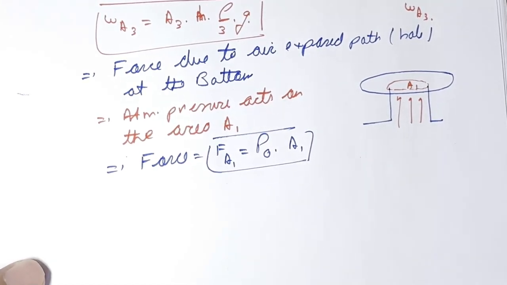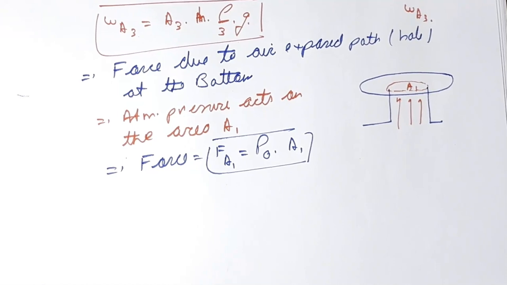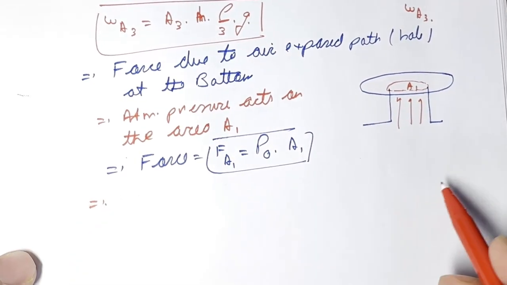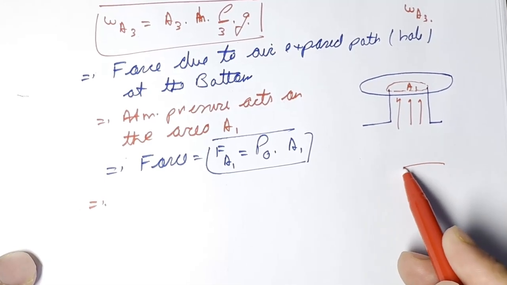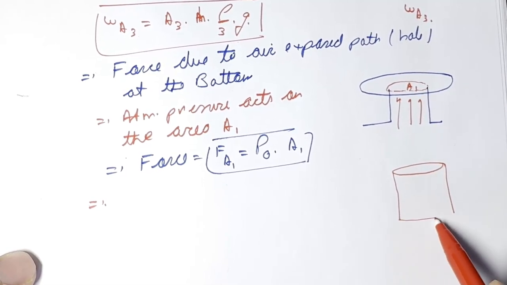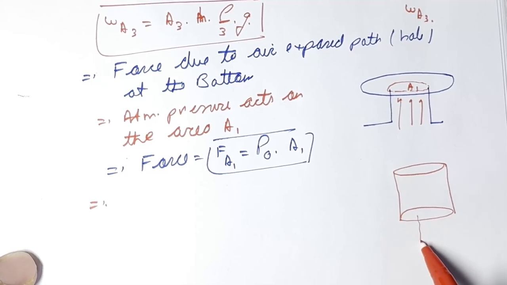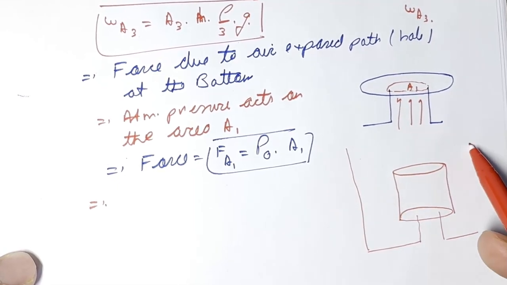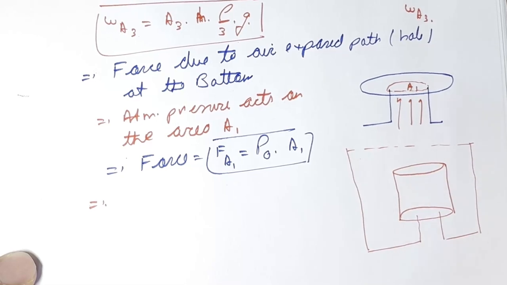And last is the buoyant force that will be acting in the upward direction at the bottom of the cylinder. So this is our top, and this is our bottom of the cylinder, and we have a hole like this, and above it we have liquid height given as h1, and the height of this cylinder is given as h.